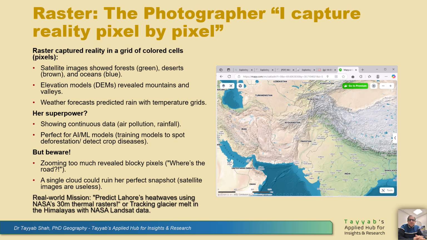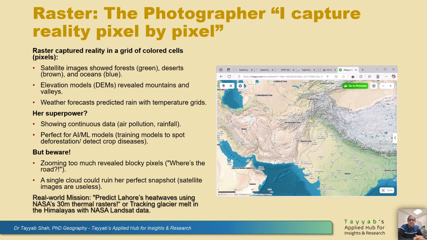Then you have elevation models revealing mountains and valleys, and weather forecasts predicting rain with temperature grids. So her superpower is showing continuous data, for example air pollution, rainfall, landscape, perfect for AI and ML models, training the models to spot deforestation and detect crop disease.